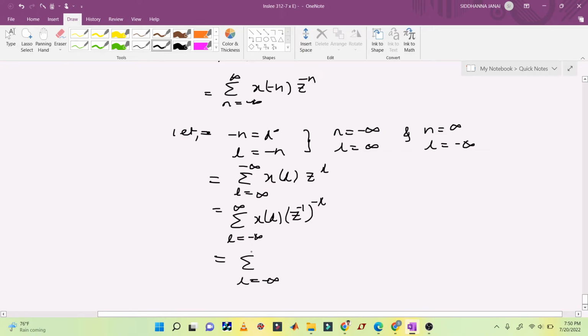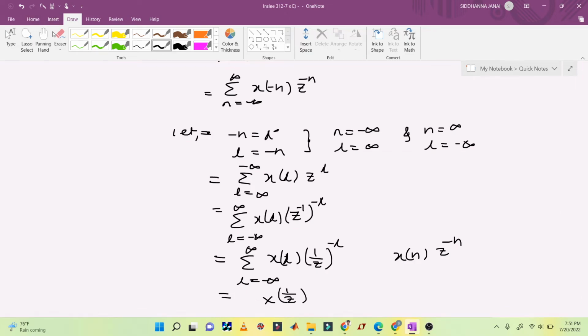Then summation from minus infinity to plus infinity, x of L, 1 by z power minus L. So instead of x of n z power minus n, we are having x of L, 1 by z power minus L. So our z transform will be now X of 1 by z. So wherever z is there, we have to replace it by 1 by z.